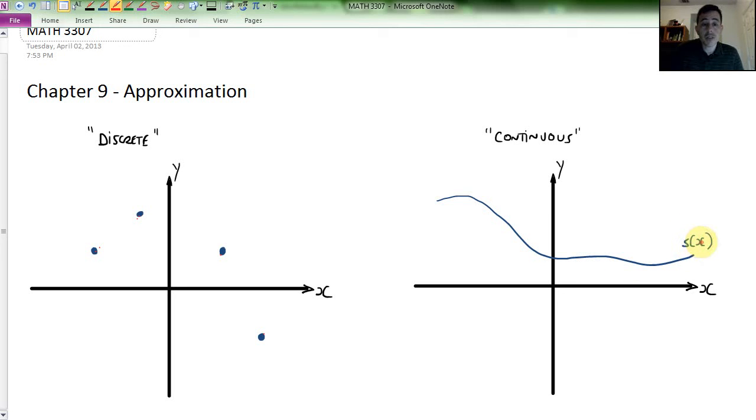Maybe the formula for this function here, for the s of x, is very complicated. Maybe you're using that in some kind of model, and in that model you really need to have just an approximation, a quadratic approximation, and then you would like to use that quadratic approximation to do something else.